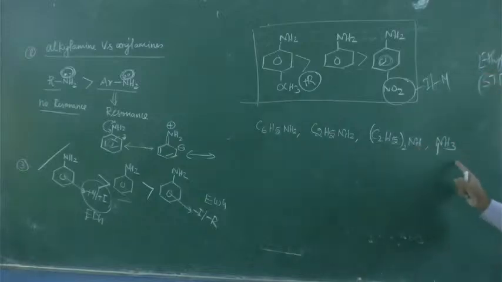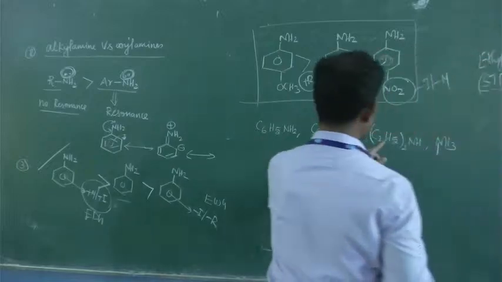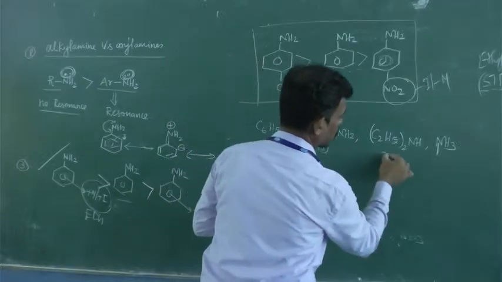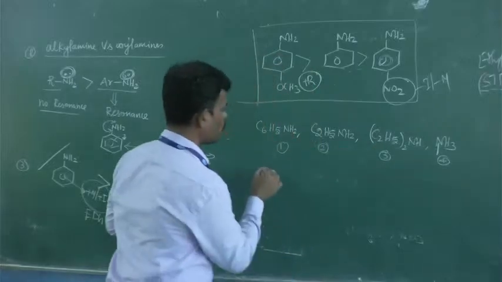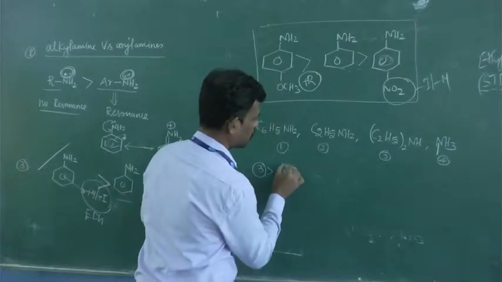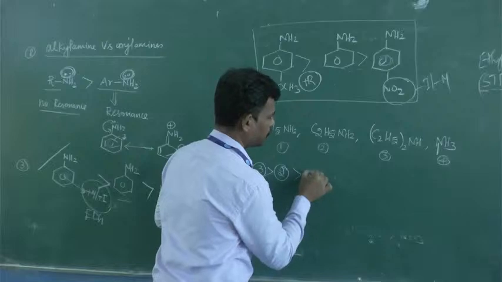More basic, ammonia more basic. This is secondary, tertiary, primary. Let's say this is 1, 2, 3 and 4. But 3 is going to be more basic when compared to 2, and 2 is going to be more basic compared to this, which is 4.